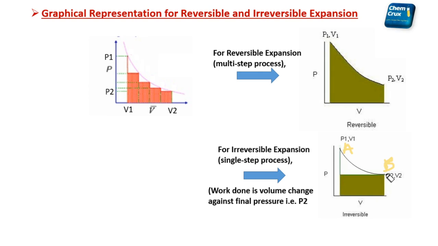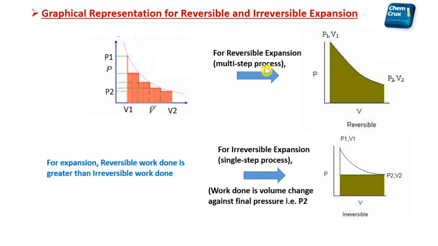So what is the final pressure? Final pressure is P2. This is P2 and this is the change in volume, right? So if we plot the work done, this is the work done for irreversible expansion. We can see the shaded portion is the work done for irreversible expansion.